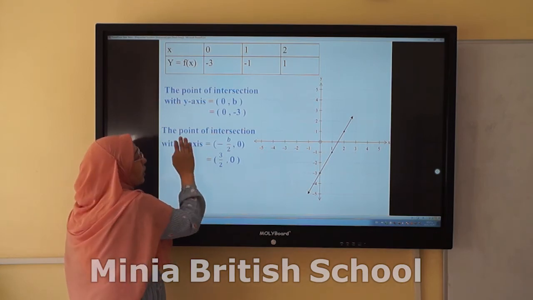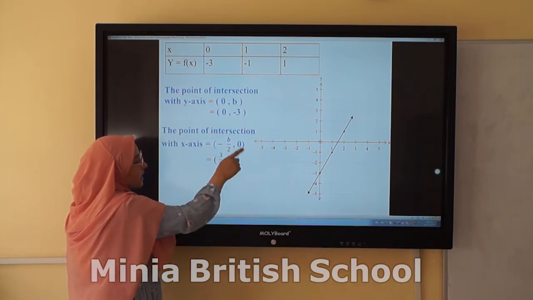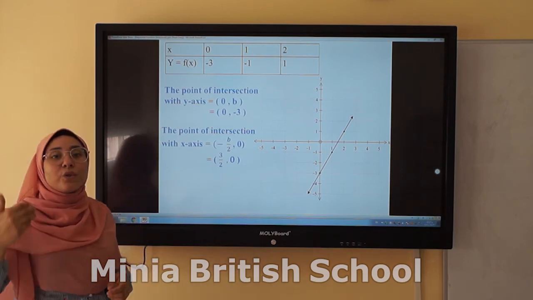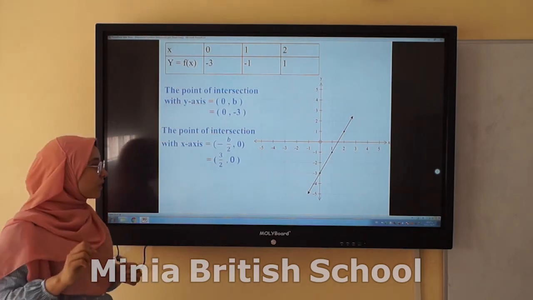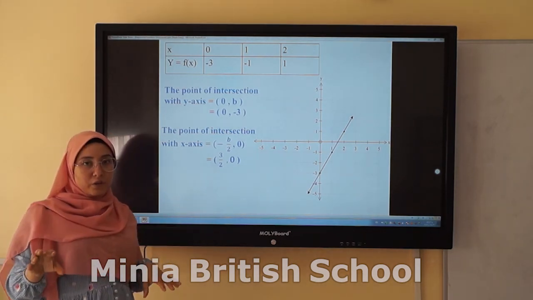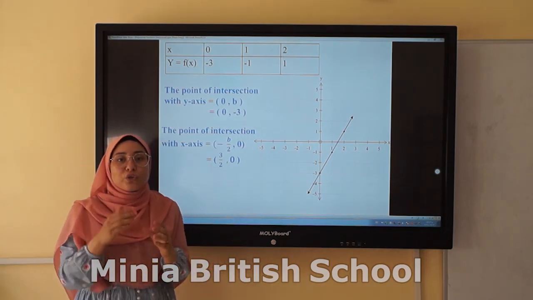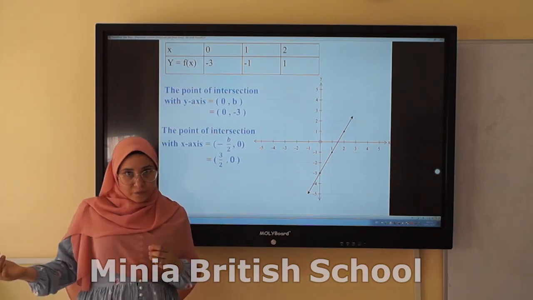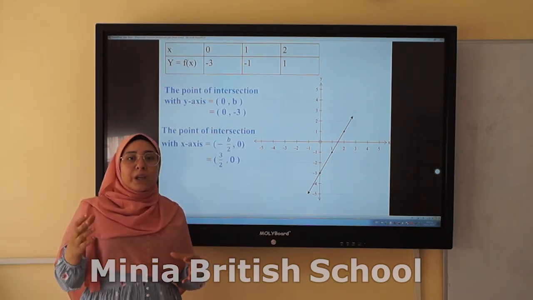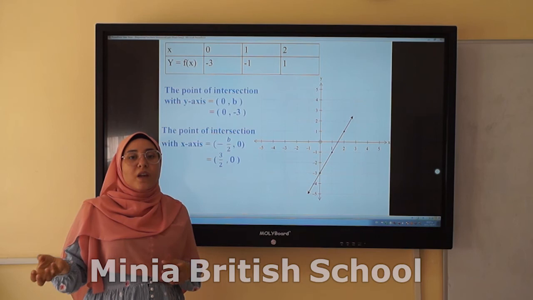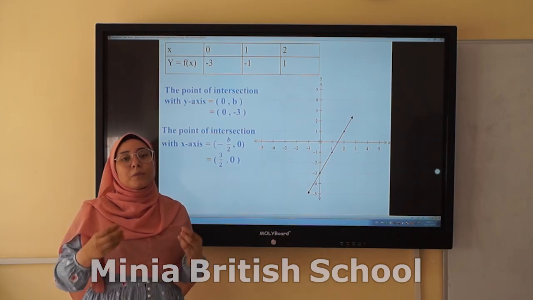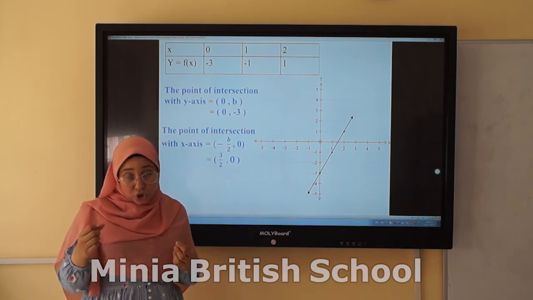So the point of intersection with the x-axis equals the ordered pair (3 over 2, 0). Last thing, okay? If our function is 2x minus 3, now if b equals 0, the function becomes 2x.